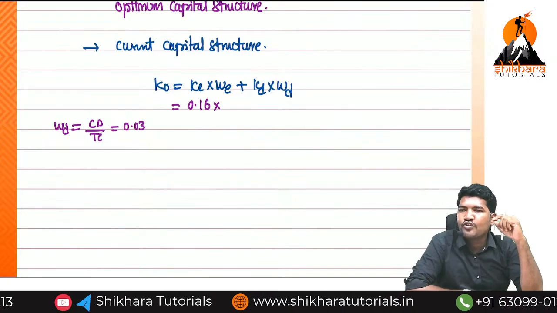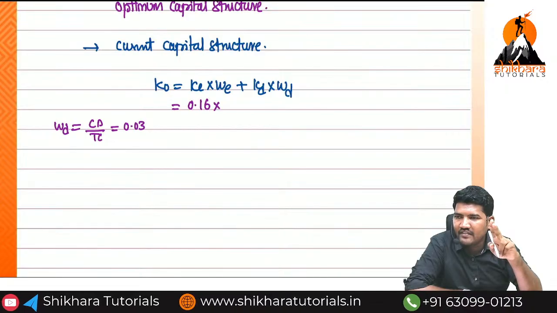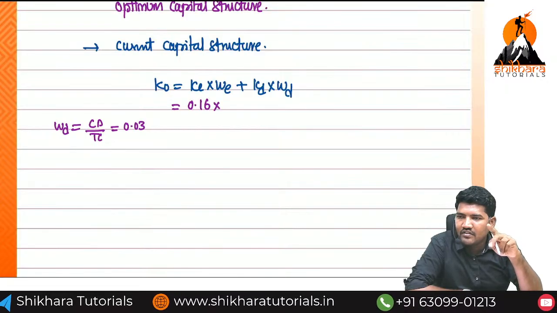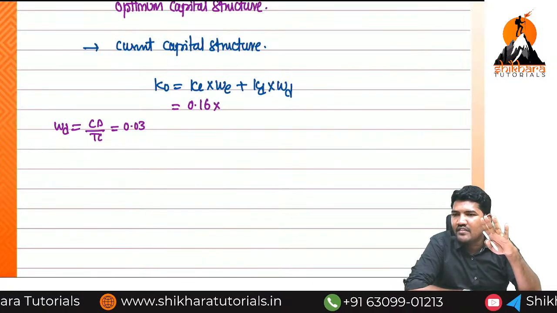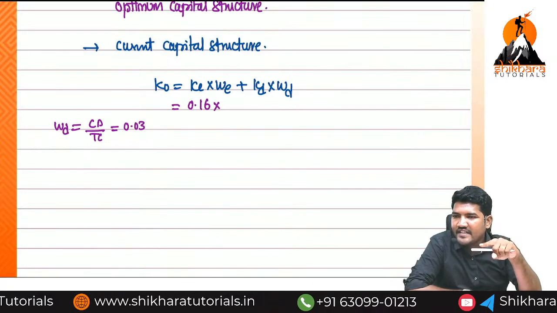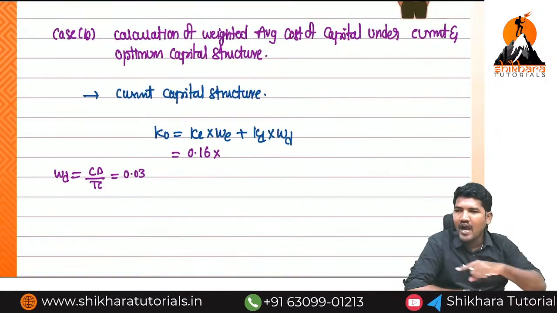Out of 1 rupee, 0.03. We have only 2 capitals based on the question, equity and debt. There are 3 ratios: industry, current, and optimal. What is the heading? Optimal capital structure.